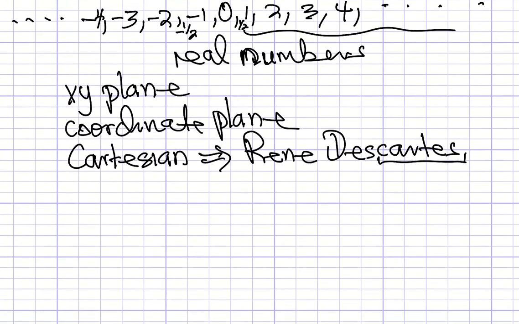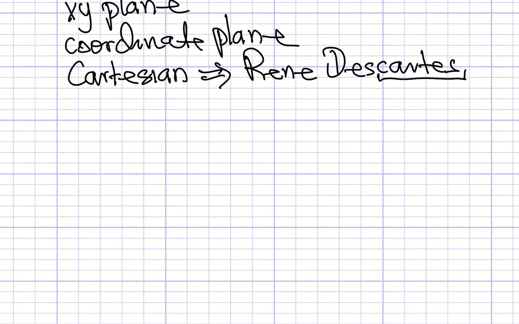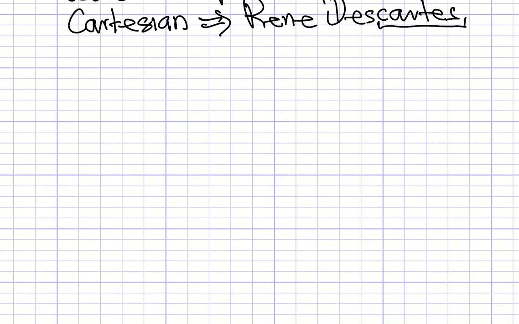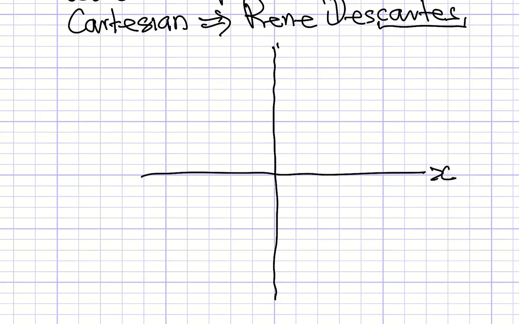Now, the Cartesian coordinate system is represented by a vertical line and a horizontal line. Usually it goes like this, a vertical line and then a horizontal line. This one is called the x-axis, this is called the y-axis.